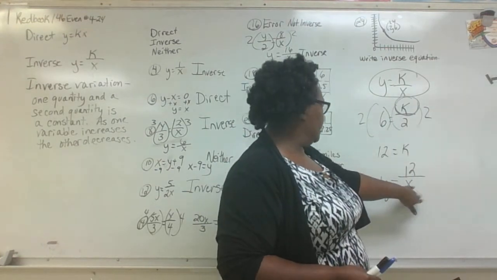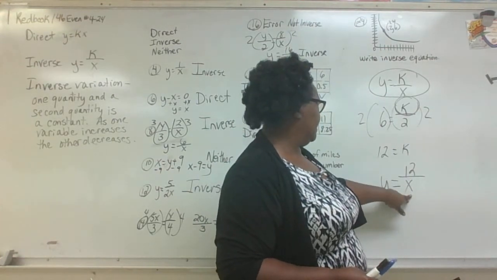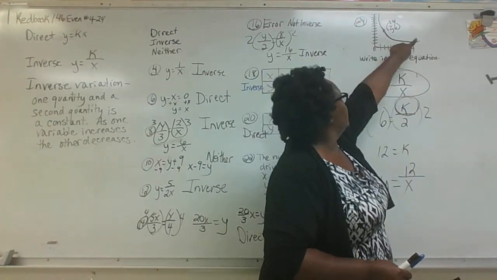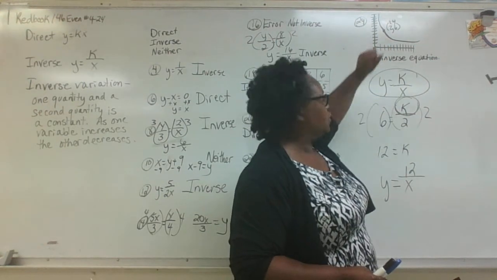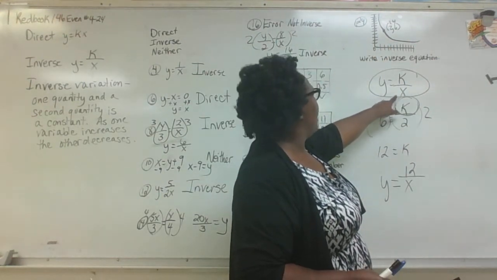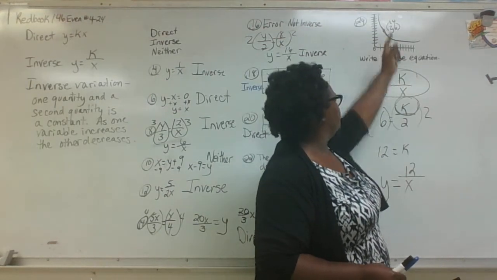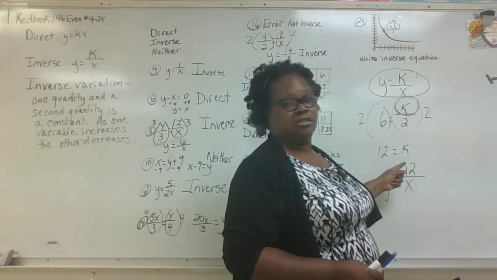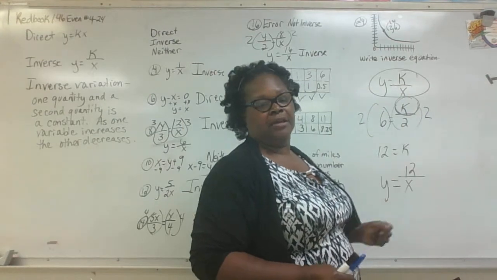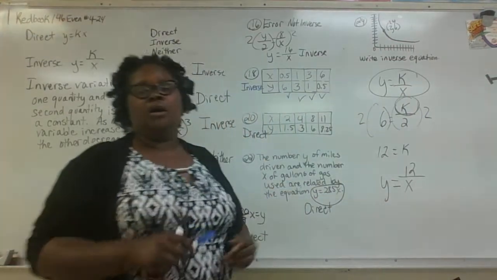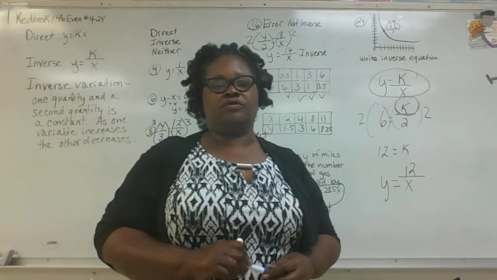So if we plug in an x, we get the y. If we plug in the y, we get the x, based on this equation right here, because we made the determination that based on this location, the inverse variation is 12, okay? So that's how we work with inverse variations.